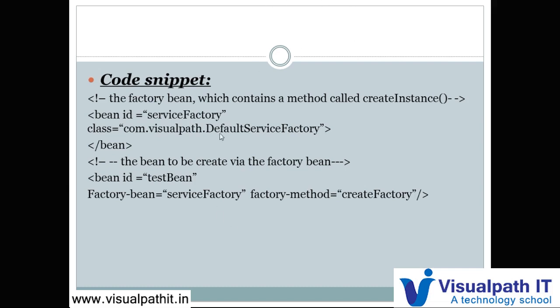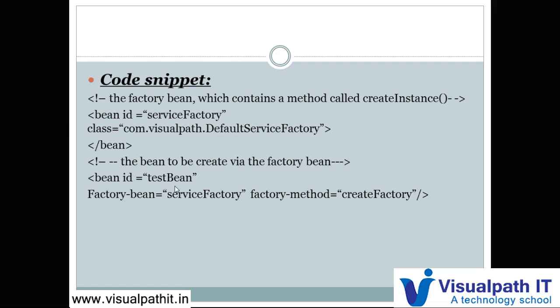If we see the factory bean, it has a method called createInstance. This is the class DefaultServiceFactory. This line basically says that we are injecting any dependencies required by this locator bean, this DefaultServiceFactory bean.